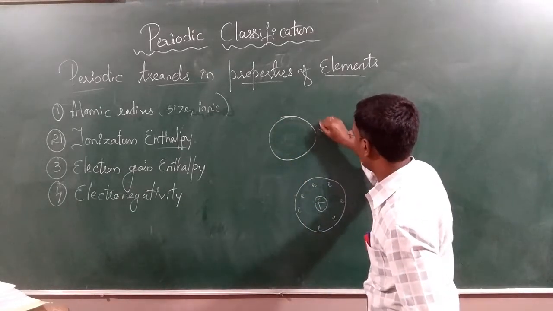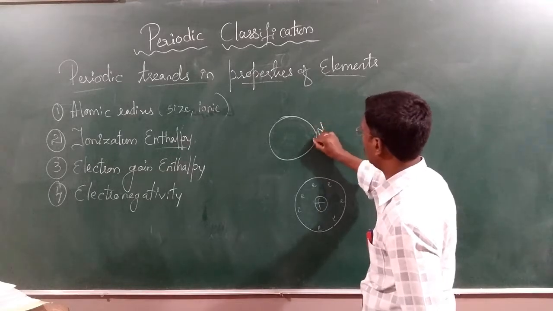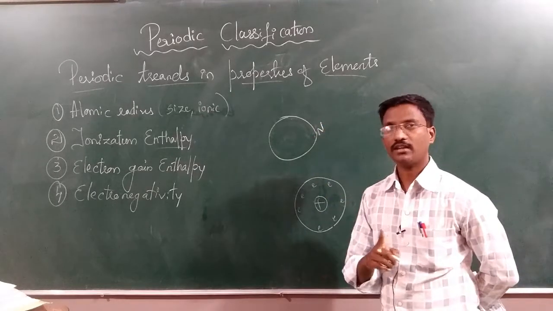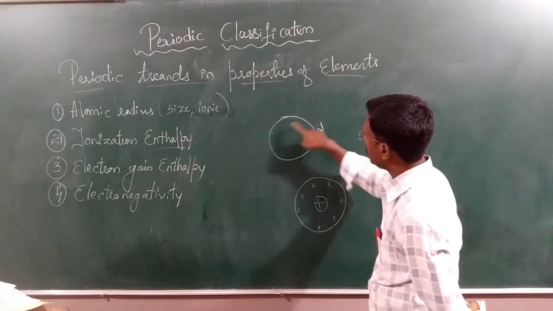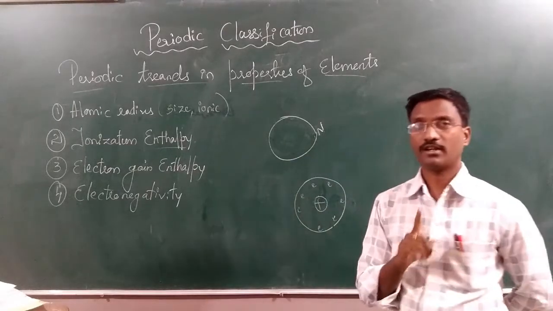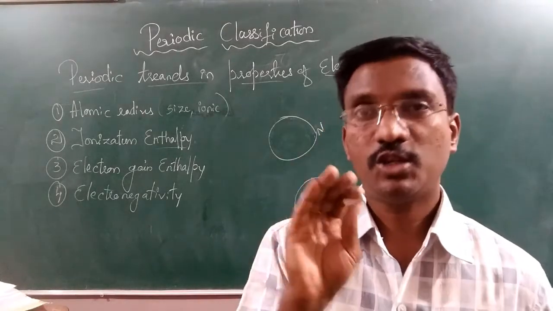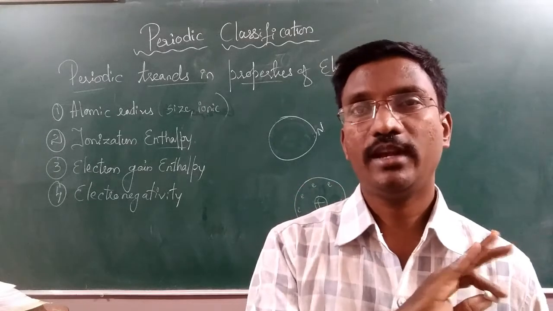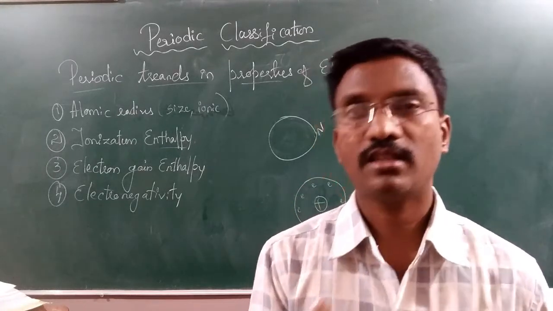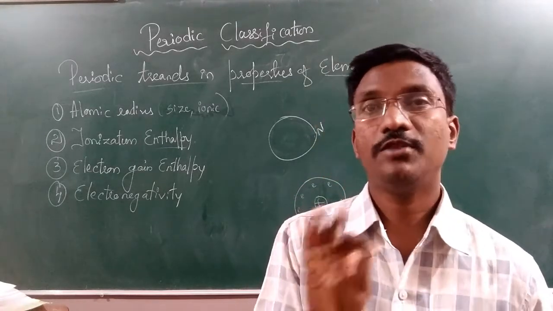Is it clear? So now we are at the N shell. Are you getting? It means that the inner shells are completely filled. We never bother about the completely filled inner shells, how many electrons are there, or in which shell we are.